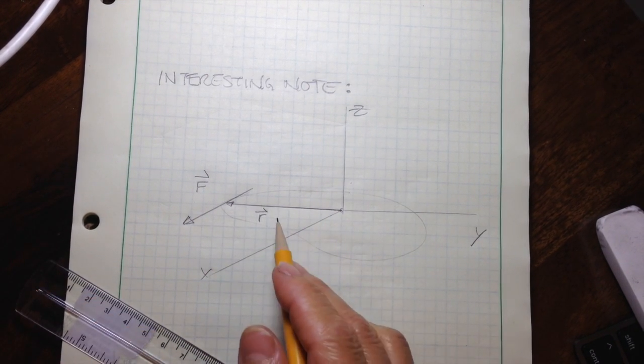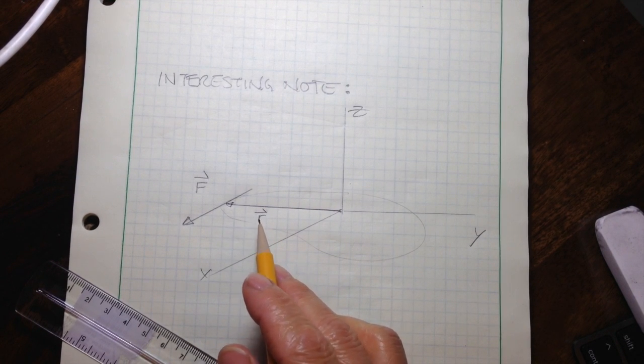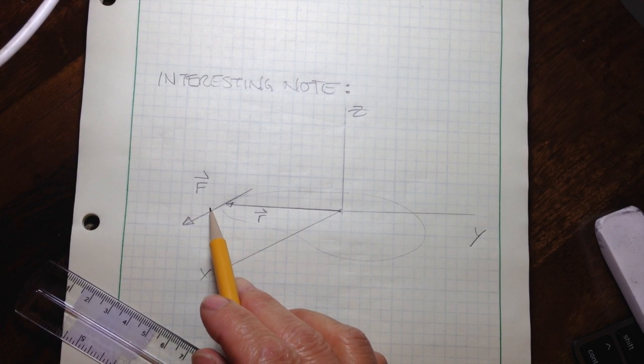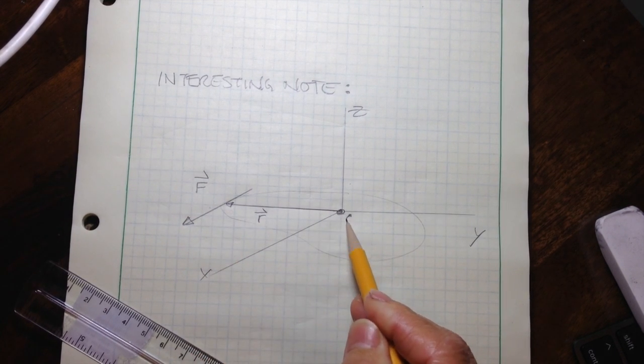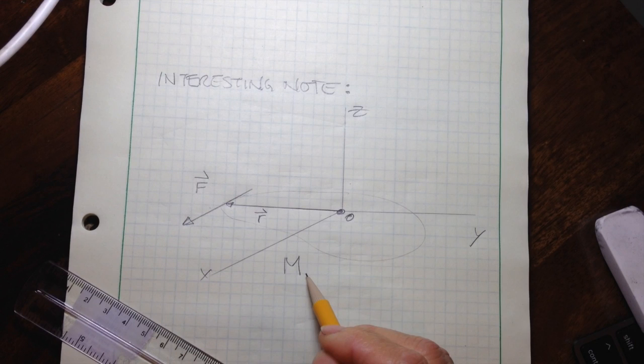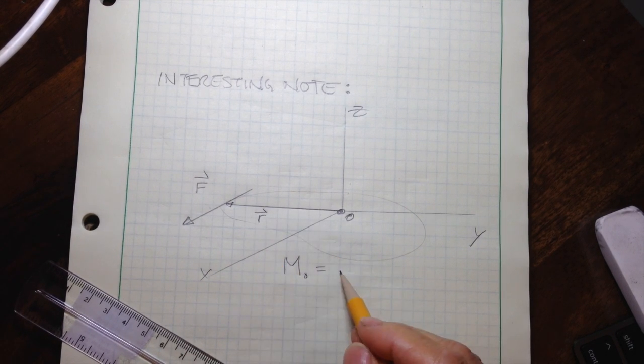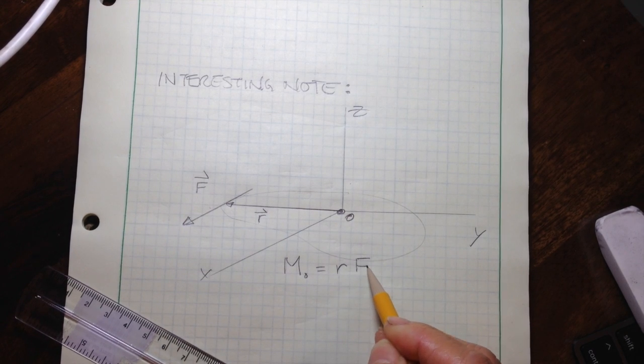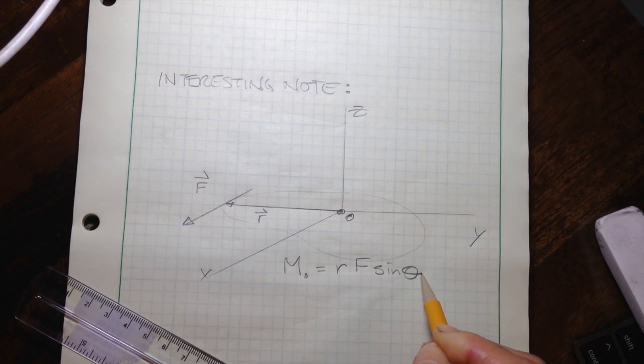And we said that the magnitude of this moment vector due to this force F about O is given by the magnitude of R times the magnitude of my force vector times the sine of the angle between them.